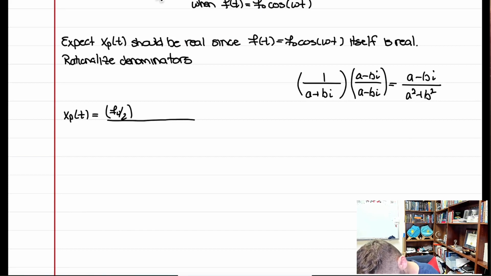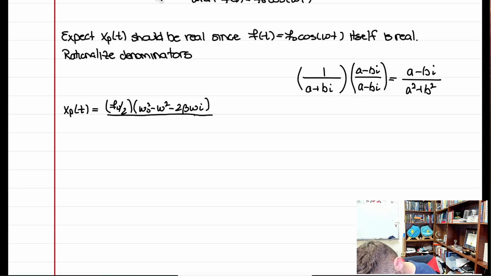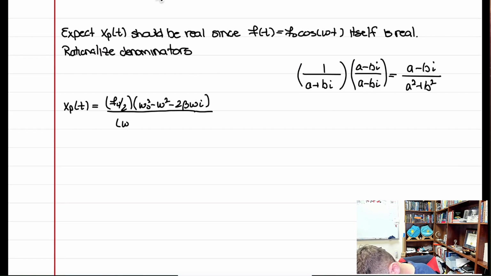When I multiply by the complex conjugate, I have omega naught squared minus omega squared, plus 2 beta omega times i. Then the denominator ends up being omega naught squared minus omega squared, all squared, plus 2 beta omega, all squared. And that's still being multiplied by e to the i omega t.